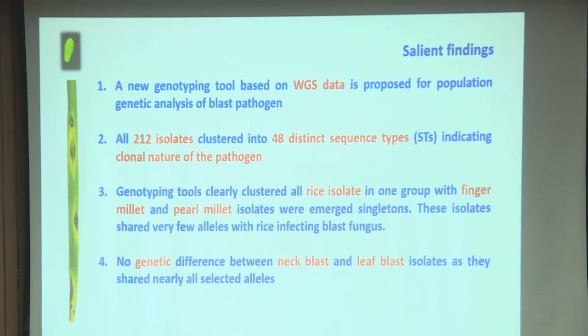But rarely will you encounter such a scenario. There is always some variation. The genotyping tool clearly revealed rice isolates in one group, with the finger millet and pearl millet isolates emerging as singletons, and these isolates shared very few alleles with rice infecting blast fungus. And of course, all neck and leaf blast isolates shared all the alleles. So you can make some robust interpretations and strong conclusions.